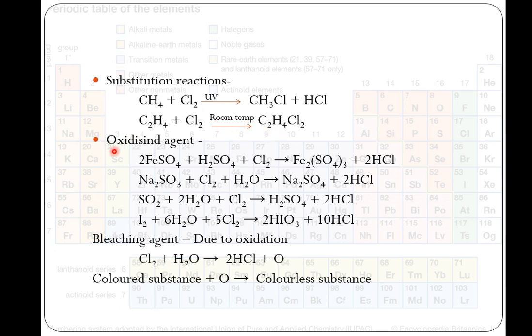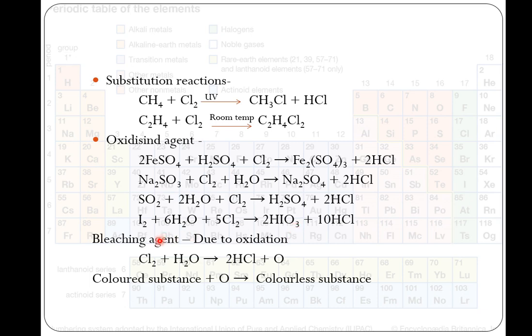Then oxidizing agents. Chlorine acts as an oxidizing agent. It oxidizes ferrous ions to ferric ions, sulfite ions to sulfate ions, sulfur dioxide to sulfate, iodine to iodic acid.